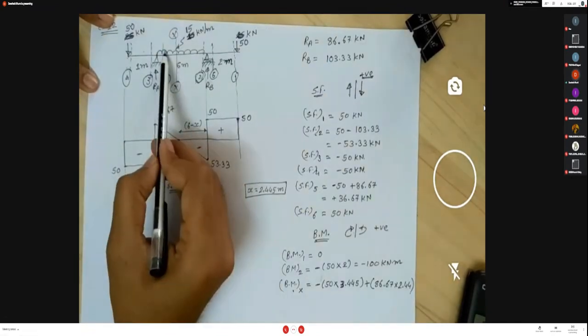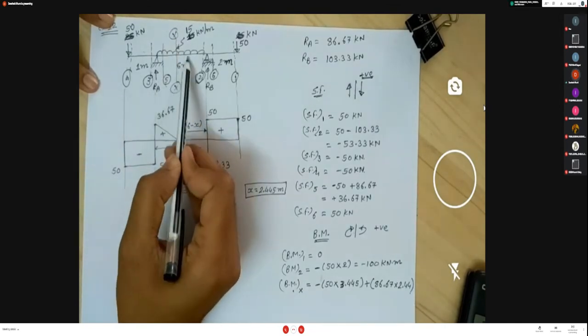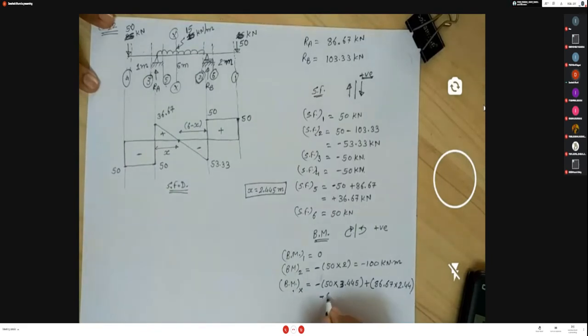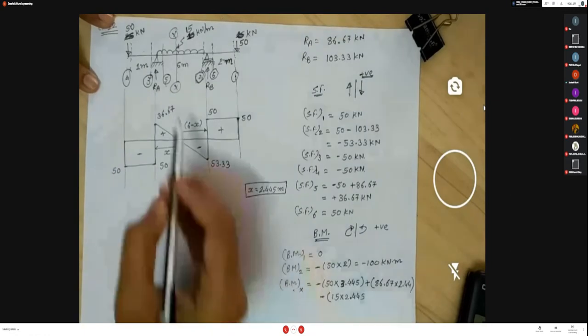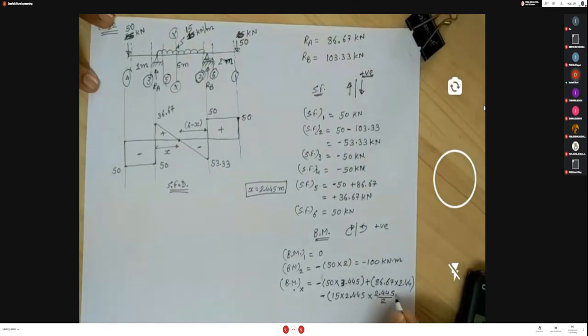Another moment is due to the UDL up to section XX, and that produces an anti-clockwise moment. So minus 15 UDL into 2.445, the total UDL on the left hand side of section XX, into 2.445 divided by 2, the perpendicular distance from section XX. So you get the total value as minus 5.17 kilonewton meter.